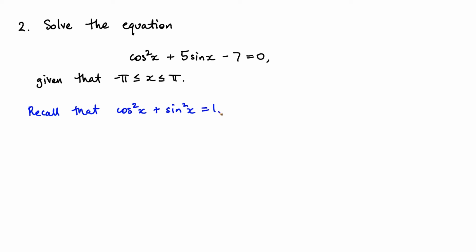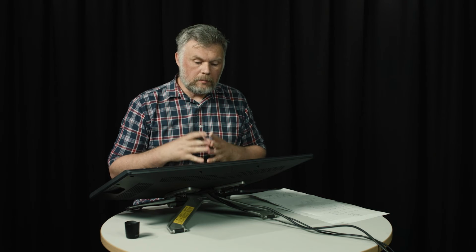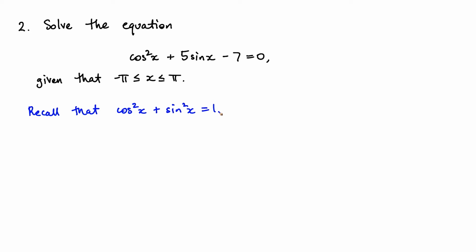And what that allows me to do is replace the cosine squared term in this equation with something involving sine squared, because we have a sine x already there, and I'll be able to rewrite my equation with only sines appearing.